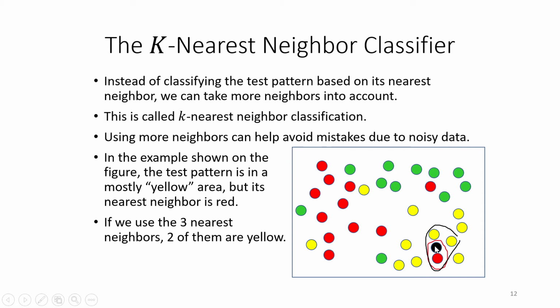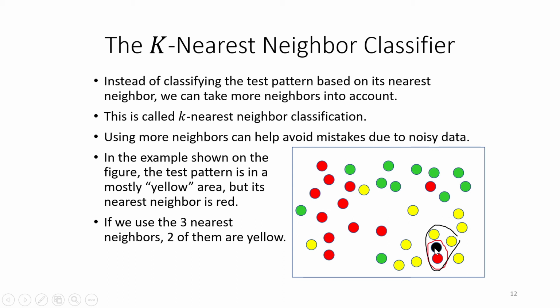The 3 nearest neighbors to this test pattern V are 2 yellow and 1 red. And then we are going to return yellow as the class of this test pattern V, because the 3 nearest neighbors have more yellow patterns than red patterns.